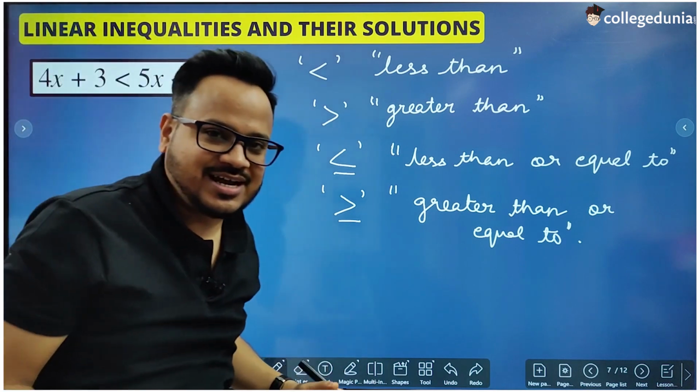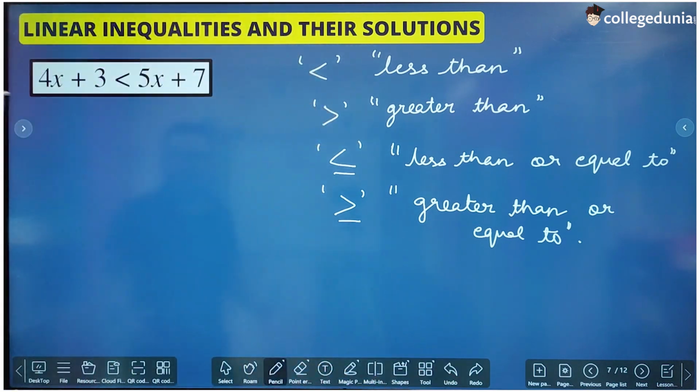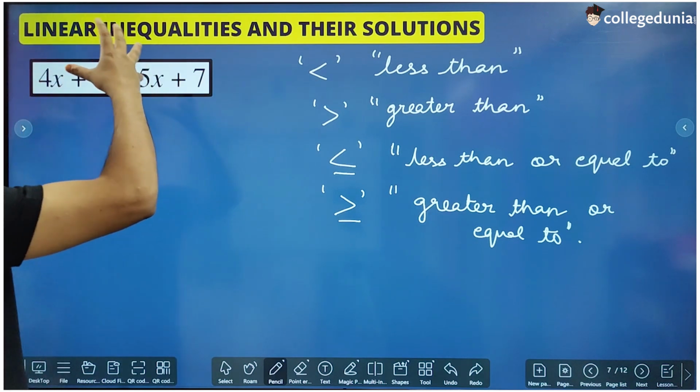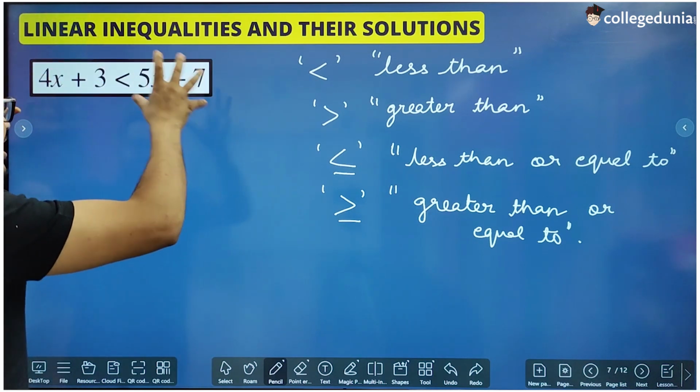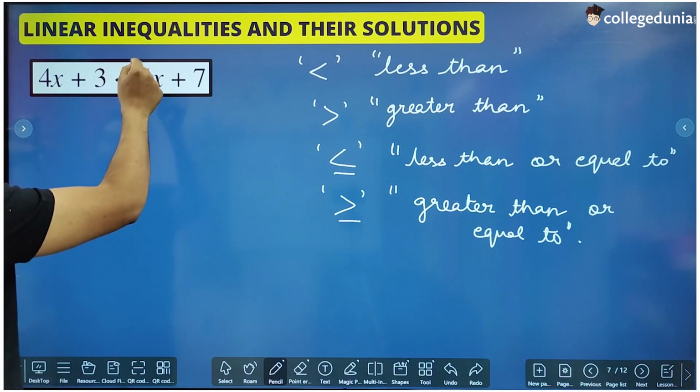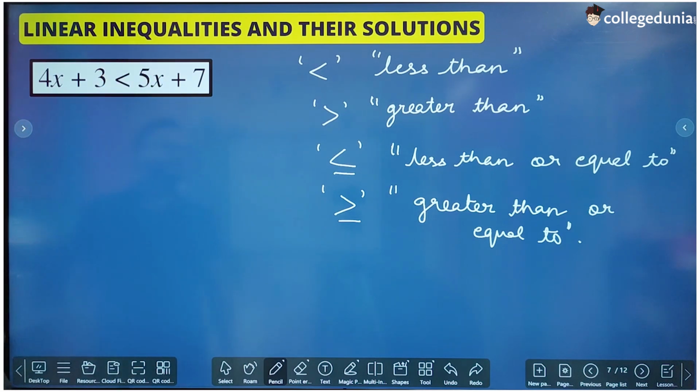This is an inequation, so we cannot call it an equation, but due to habit I am calling it equation. It cannot be called an equation because both the sides are not equal. An inequality sign is placed, so this is an inequation or an inequality. So the solution of this inequation means all those values of x which satisfy this inequality.